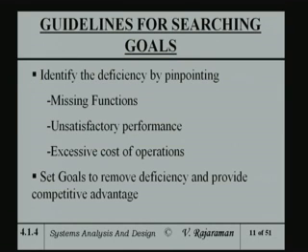So, in terms of finding out the goals, you have to first get the deficiencies in the current system by pinpointing missing functions, unsatisfactory performance, and excessive cost of operations. We gave some examples which I will come back to later in this lecture, and goals are to be set to remove these deficiencies and provide a competitive advantage.